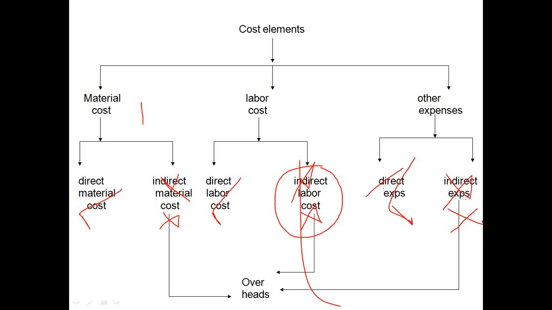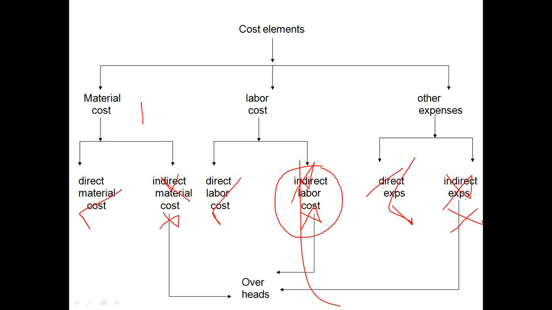And the overheads are classified from many perspectives. One is the behavioral perspective. Number two, the functional perspective. And other perspectives are also there; they are not material for us. In this, the behavioral perspective and functional perspective are very important.